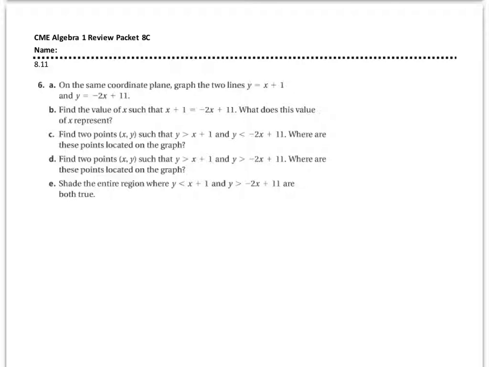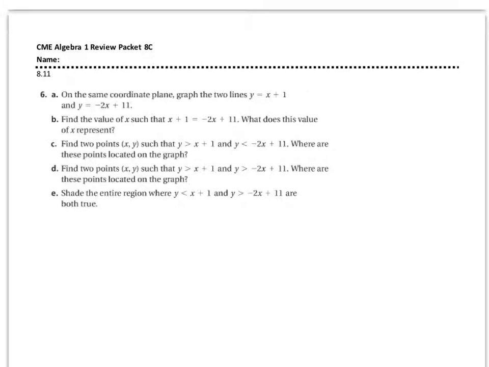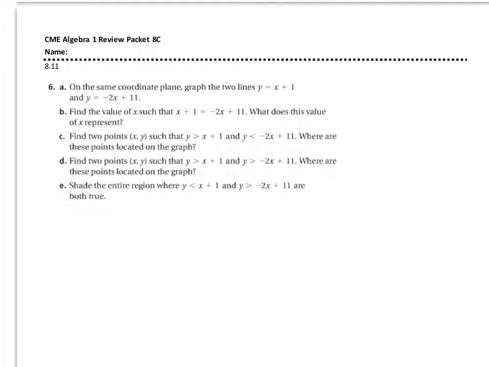If you have a graphing calculator, that's very convenient, but at the same time you can find two points, since this is a linear equation. Let me take the first equation, which is y equals x plus 1. If x is 0, then y will be 0 plus 1, so that's 1.